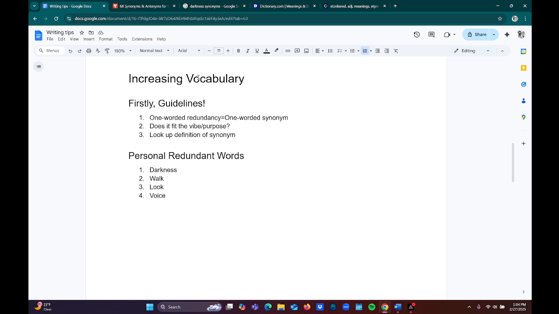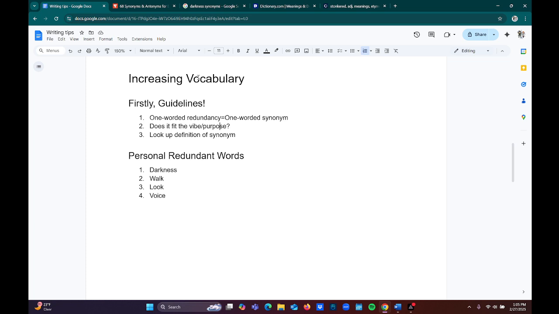This is more like understanding the synonym, because sometimes you'll look up a synonym on the internet or in the dictionary, and the definition of that synonym doesn't quite fit the sentence, the idea that you're trying to convey in your sentence with the original word. Or sometimes it just feels out of place.